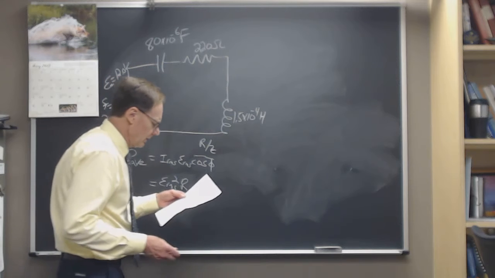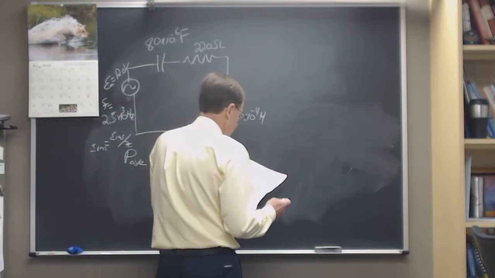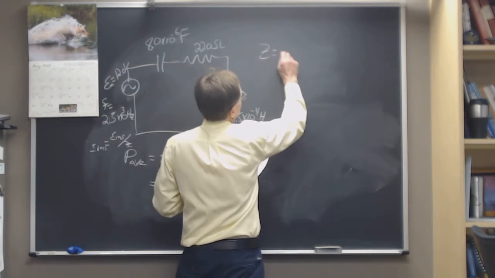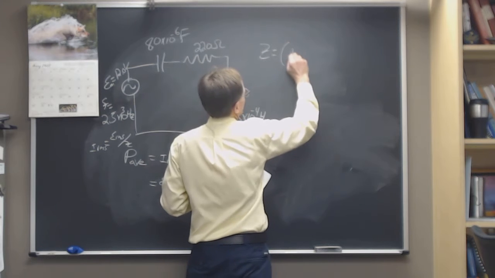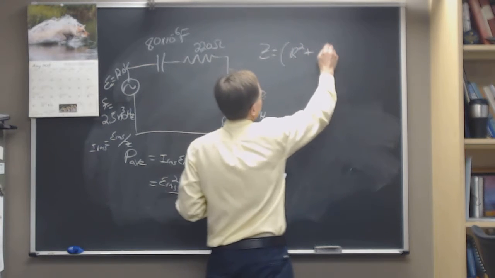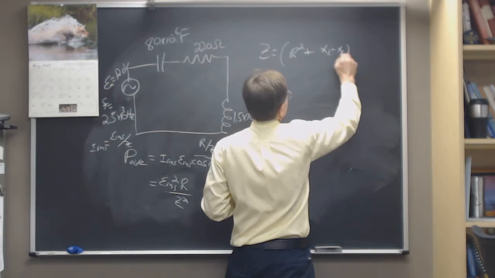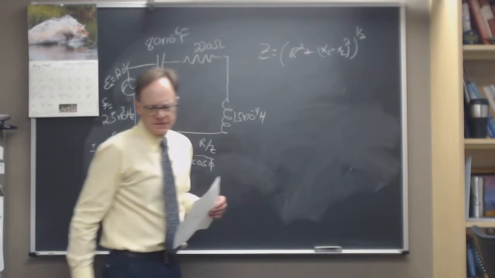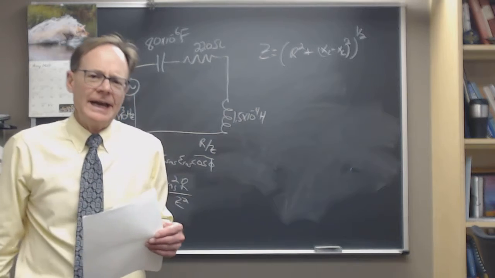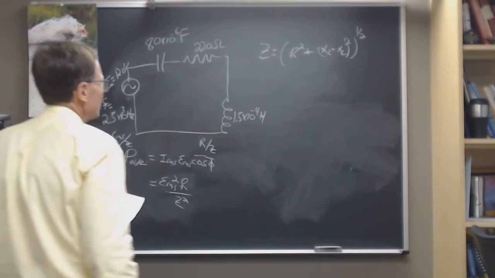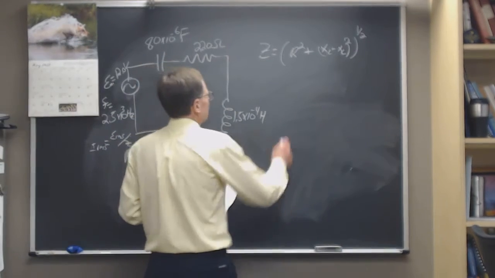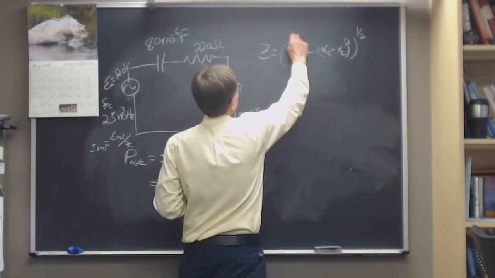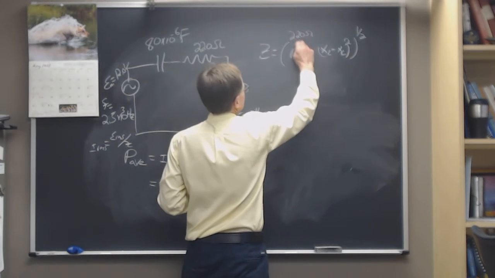We know that the impedance Z is the square root of R squared plus (X_L minus X_C) squared, right? So we got that going for us, and we can solve there. We need to find out what X_L is. R is 220 ohms right here.